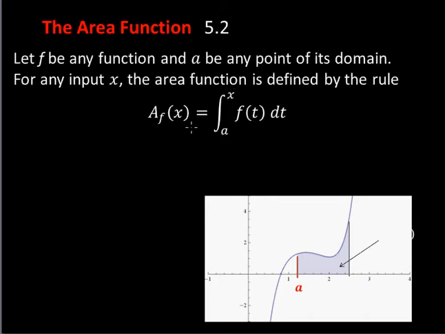This area function is the area, or the signed area, determined by the integral from a to x of f of t dt. So a picture of it, if x were chosen to the right of a here, you can see that A sub f of x is this shaded area here. The area would be A sub f of x, where x was chosen right here.